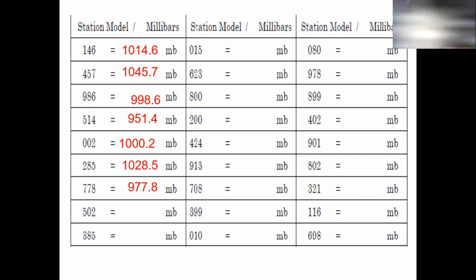The next page asks you to draw two weather station models. So they give you all the numbers and you've got to draw in one of those station models. So just the top of both pages. Yes, it's half of each page.